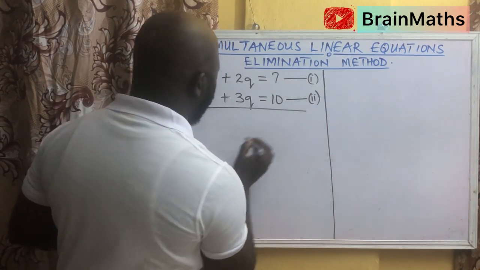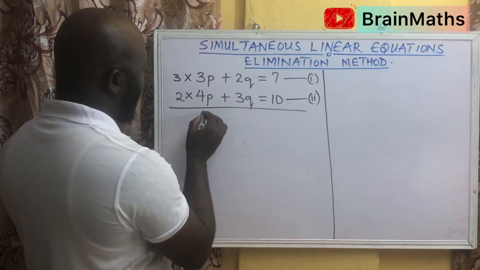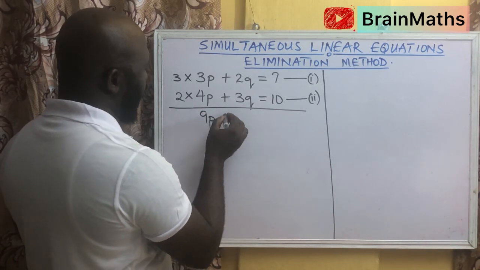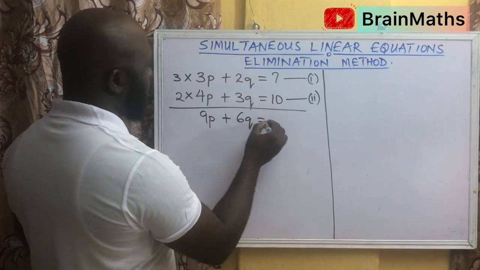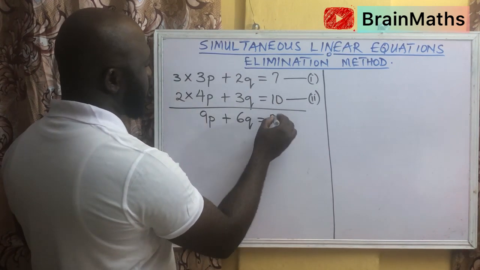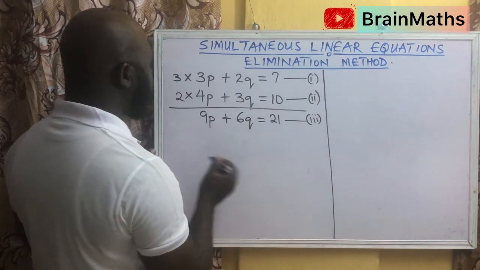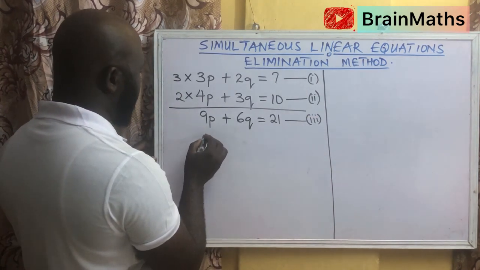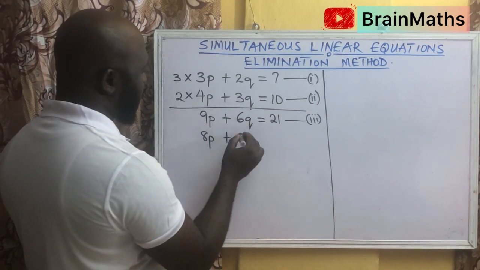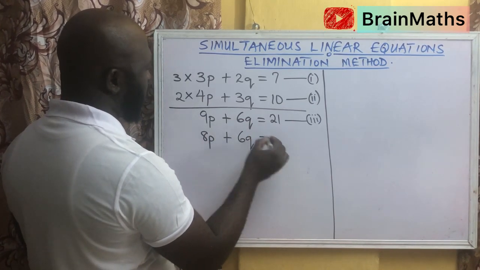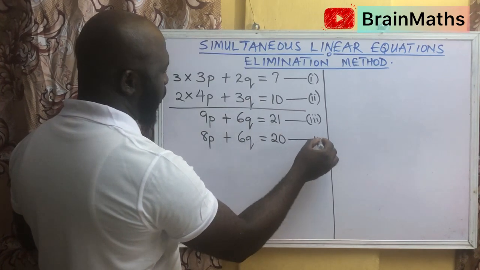So this is going to give us 3 times 3p, that is 9p, plus 3 times 2, 6q, equals 3 times this, 21, equation 3, and 2 times 4, 8p, plus 6q, which is equal to 20, equation 4.